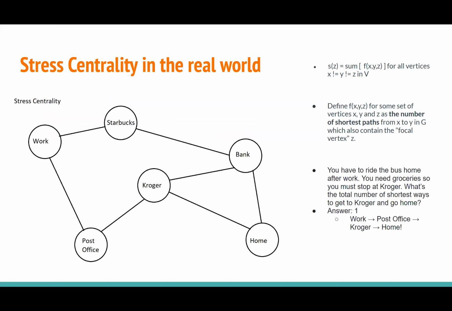So a real-world example for stress centrality includes if you had to take the bus home from work and you needed to stop somewhere. So first, the equation for stress centrality is S of Z equals the sum of f of x, y, z for all vertices where x is not equal to y, which is not equal to z, in all vertices.